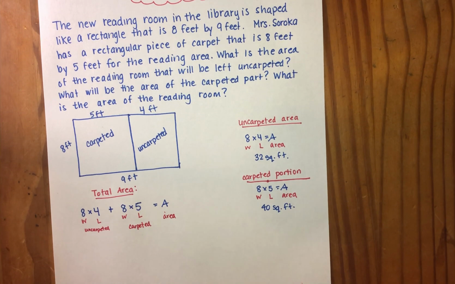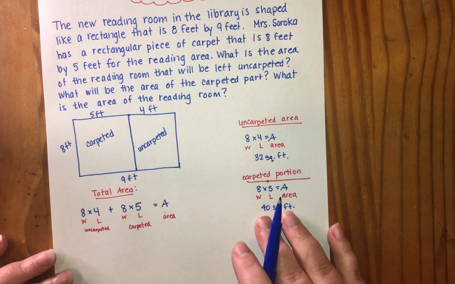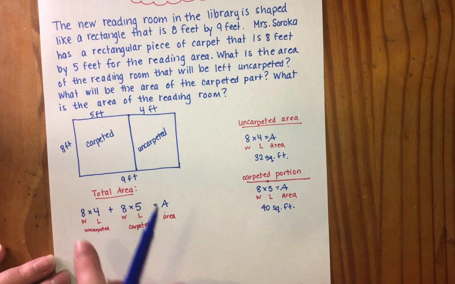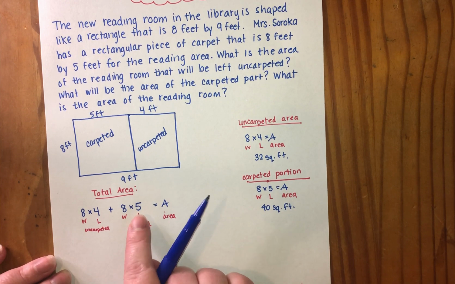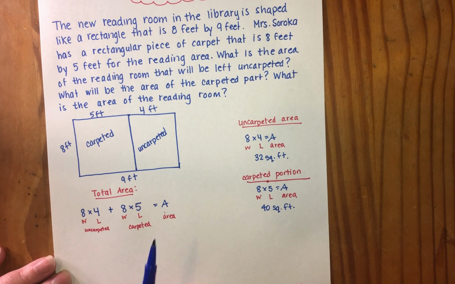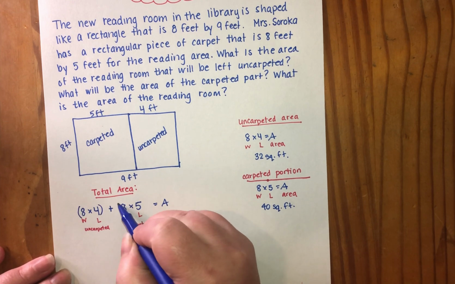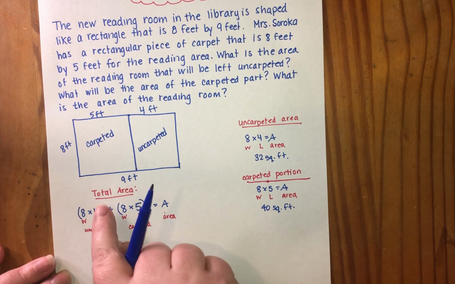What else do we need to include in our equation before we can solve? Right. We need to place each expression into parentheses so that we know to solve these first before we add them together.